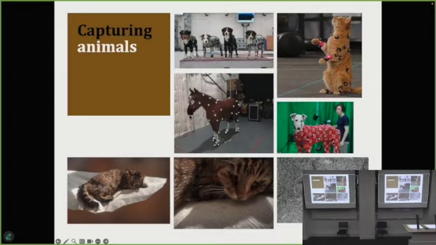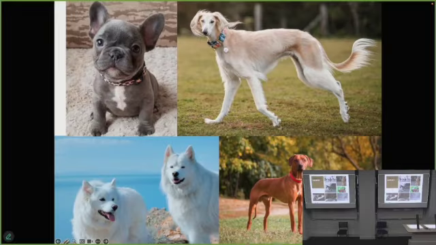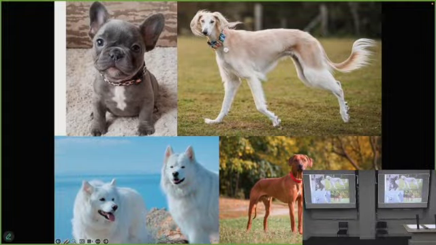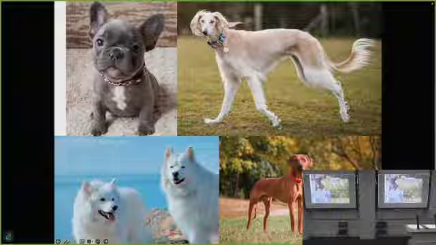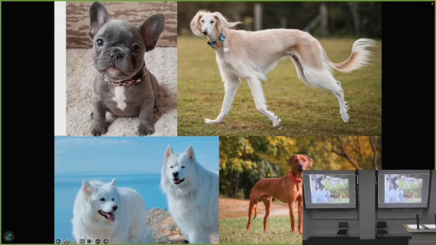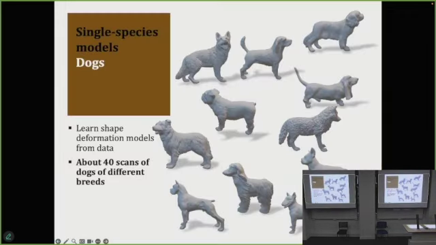Okay, so we wanted to do something similar with animals, and for animals, we have an opportunity for capturing animals only restricted to the domestic ones. So for some species, like for example dogs, I think dogs are quite interesting because even if it's a single species, we have a lot of shape variation, and so we created a few years ago a model for dogs similar to SMPL by scanning toys of dogs.